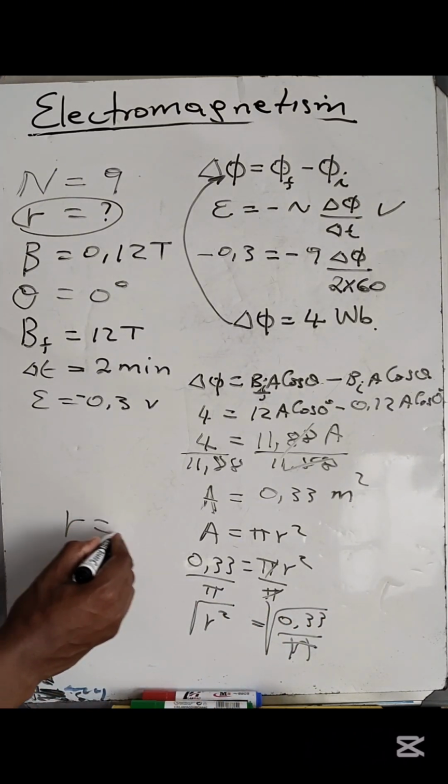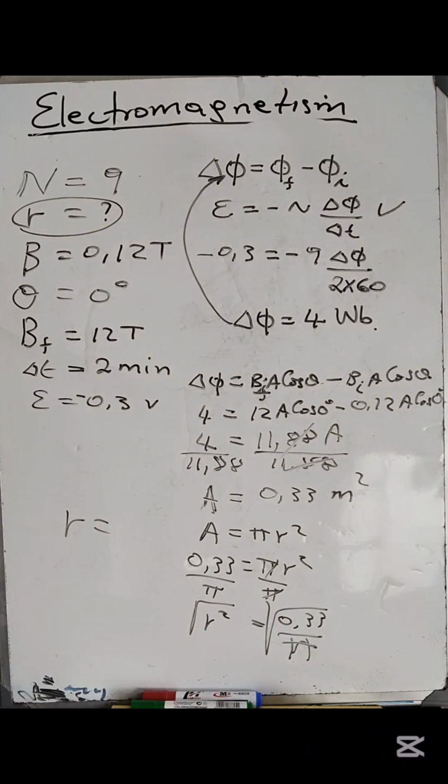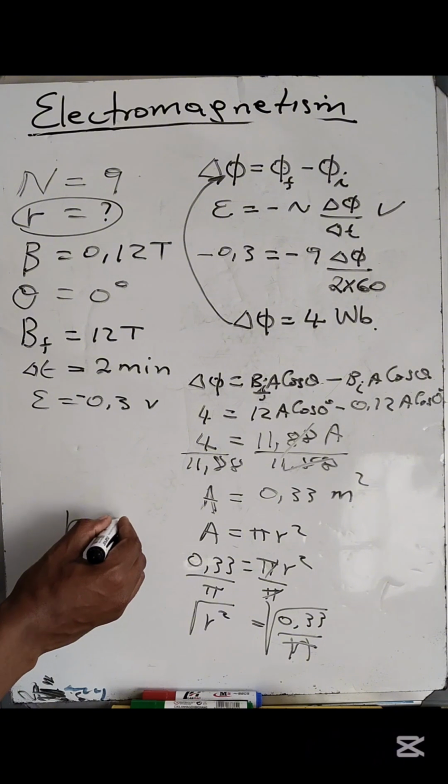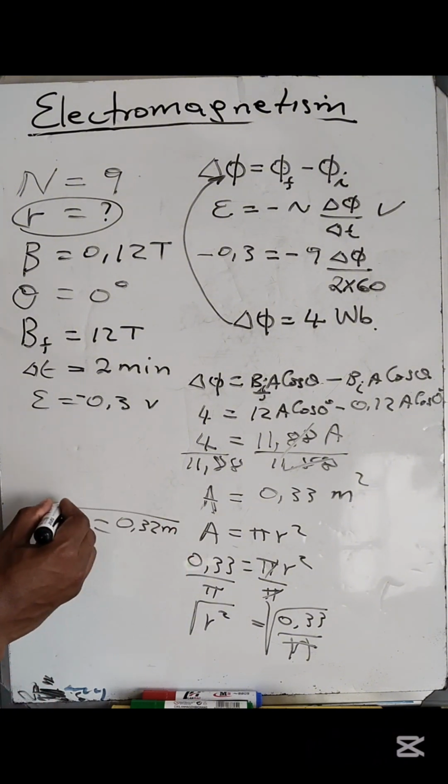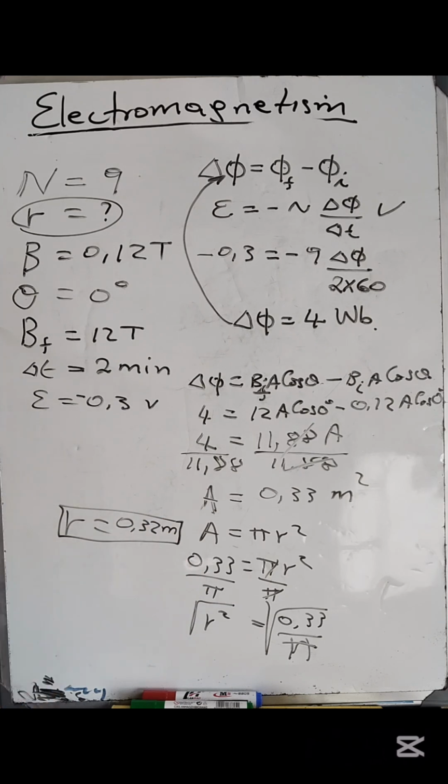So we get the radius: the square root of 0.33 divided by pi. The answer is 0.32 meters. That is the radius. Then we are done with this question.